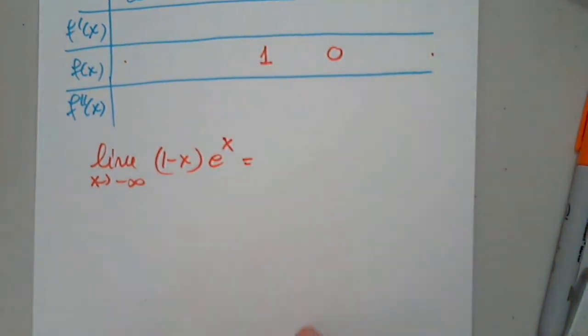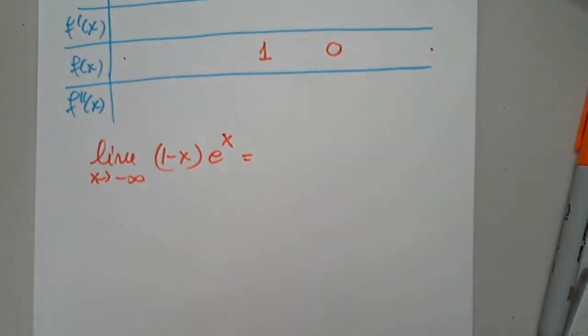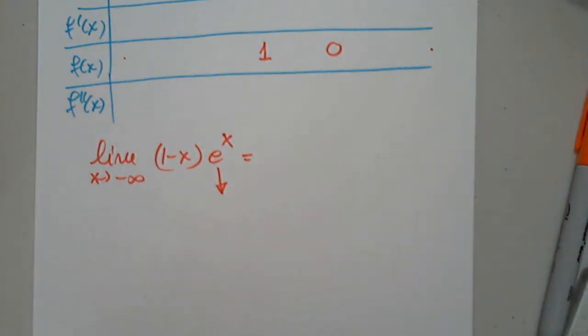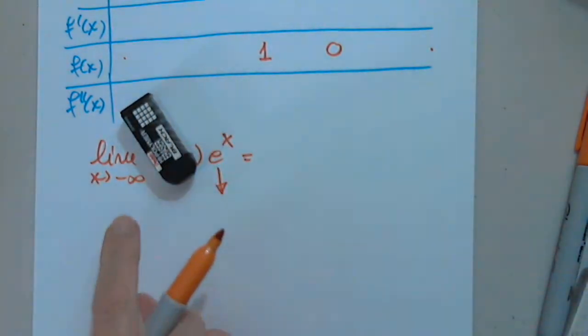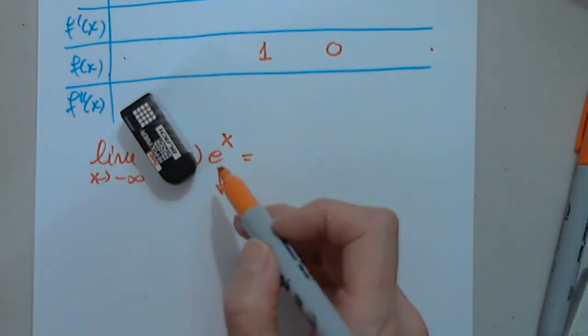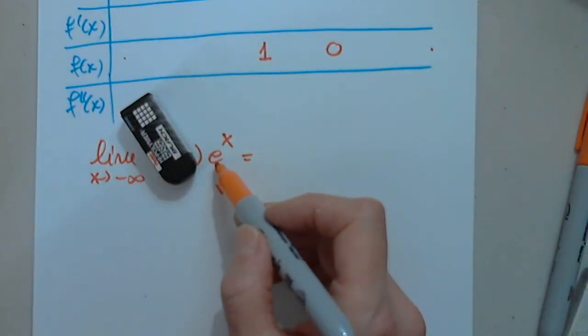So let's discuss this. Where is this going as x approaches negative infinity? Anyone? 1 plus 0.